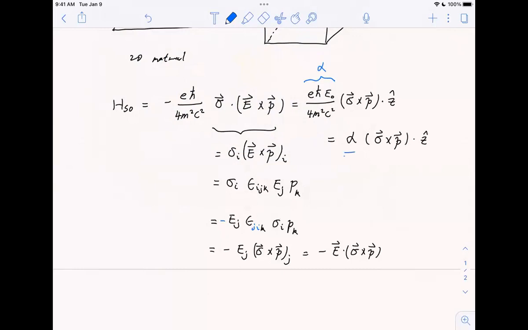This is a parameter that depends on this, but in a solid state system, it's not a free electron. The effective mass is different. So generally this will be a material property. In solid, alpha depends on the material and interface property.